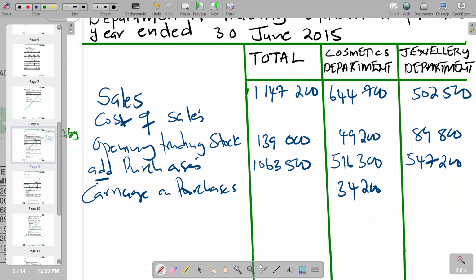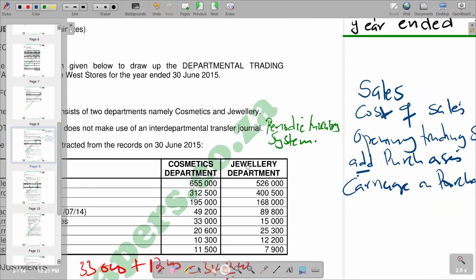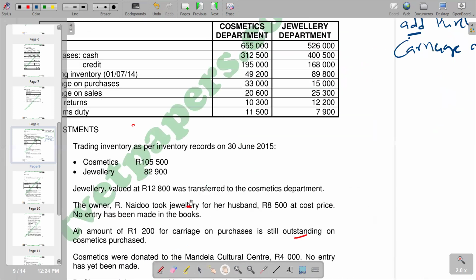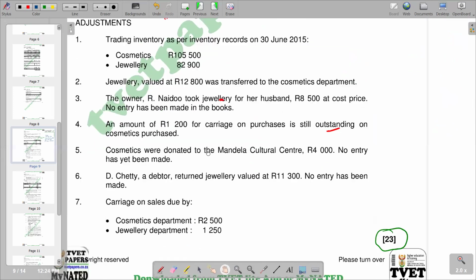Then we check the one for carriage on purchases for jewelry. Carriage on purchases for jewelry is here, 15,000. So we go to the adjustment information to check if you've got anything that is affecting our carriage on purchases on jewelry.